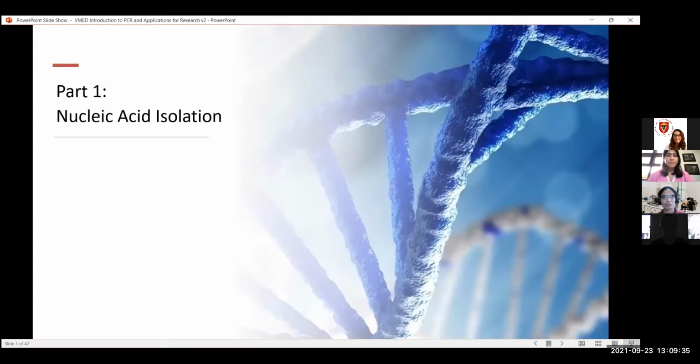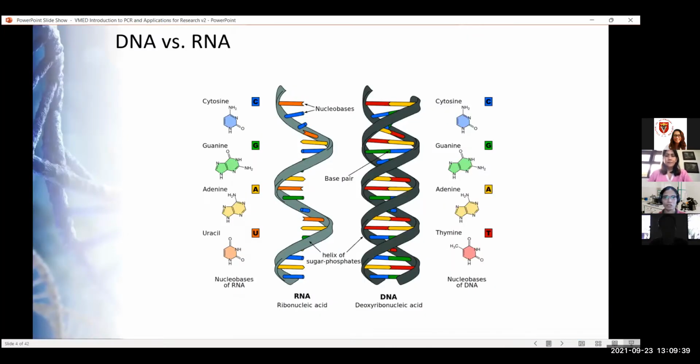Okay, so for the first part, we'll start with nucleic acid isolation. So just a review. The genetic material of organisms can be DNA or RNA. So DNA is usually for eukaryotes and bacteria, while the RNA is usually reserved for some viruses.